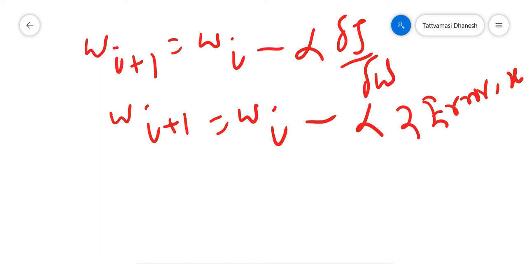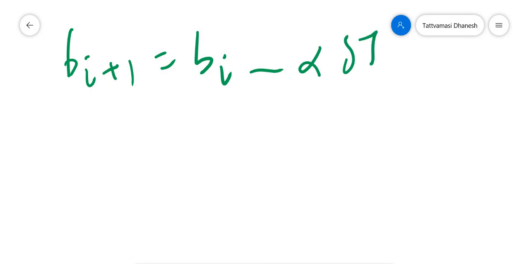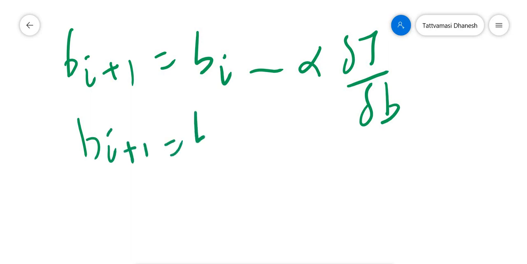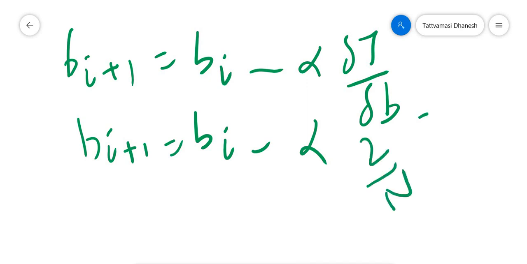In the same way, you have the equation b of i plus 1 is equal to bi minus alpha into ∂J/∂b. This one you can write as b of i plus 1 is equal to bi minus alpha into 2 by n into error.